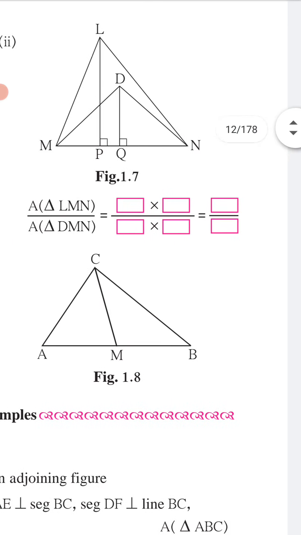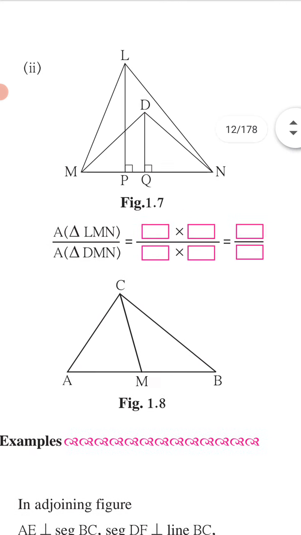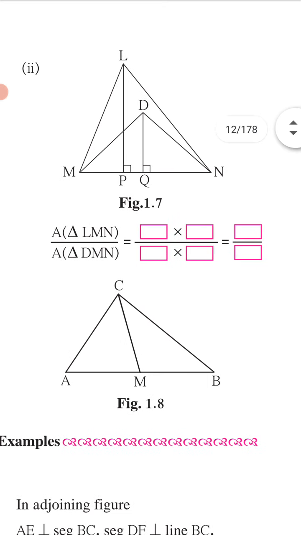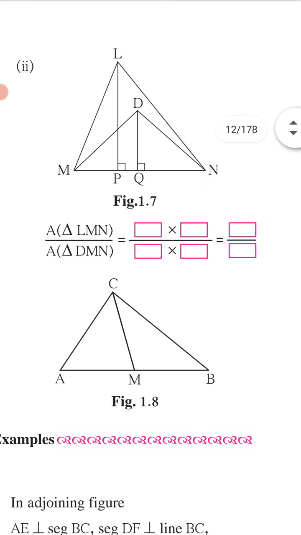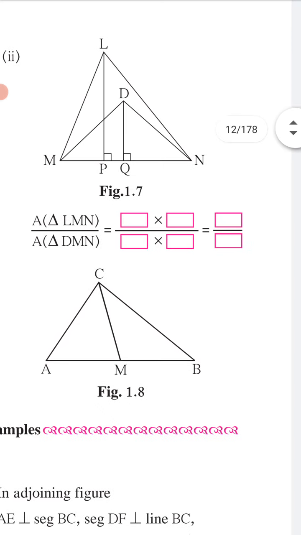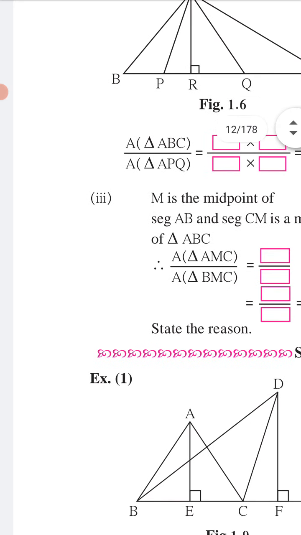In the second triangle, what you are seeing here, area of triangle LMN upon area of triangle DMN. You are getting MN into LP upon MN into DQ. So here MN is the same, means MN is the base and gets cancelled, and you are getting the answer LP upon DQ.